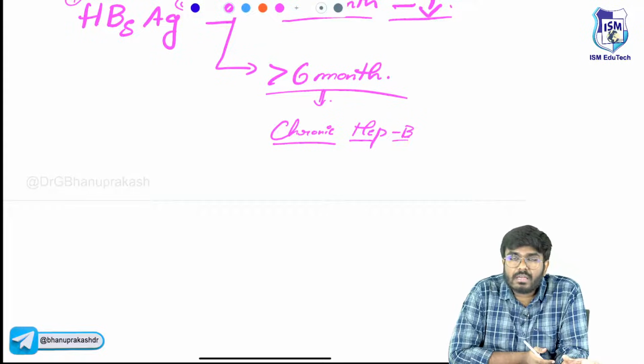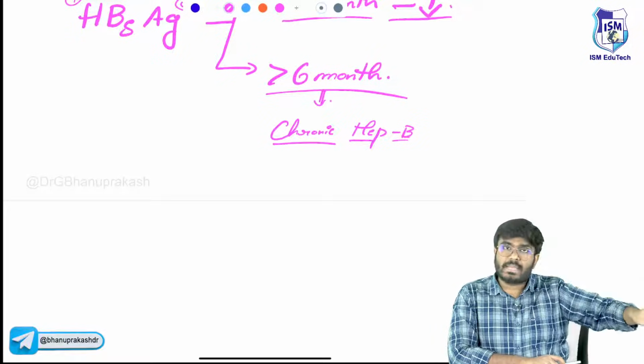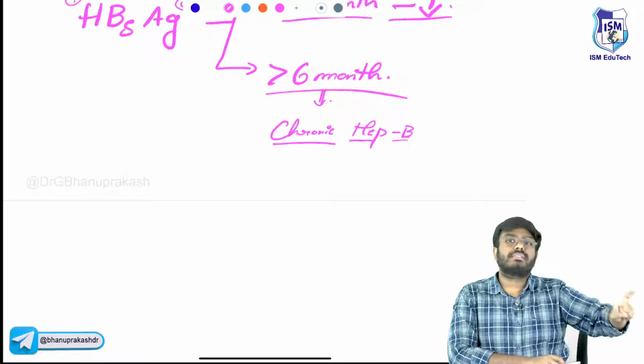So what indicates recovery? Hepatitis B surface antigen levels go down within 6 months, and hepatitis B surface antibodies will rise.